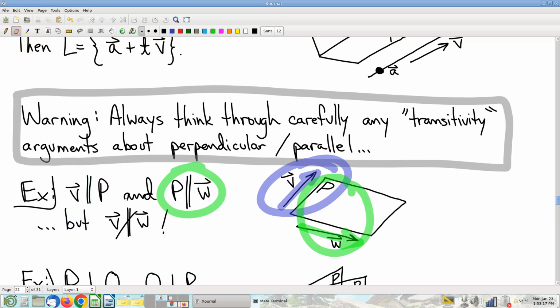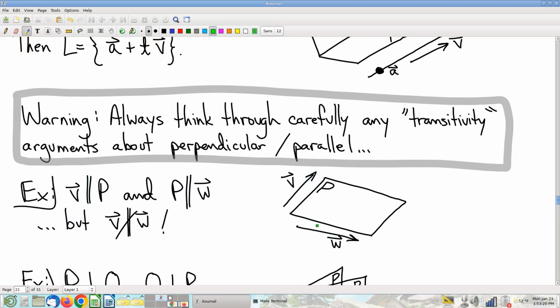The upshot here is when you're making a geometric argument that has this kind of connect-the-dots aspect to it, always think it through carefully. And my rule on this is, if you use one of these arguments on a homework exercise or on an exam, if you make the argument V is parallel to P, P is parallel to W, and therefore V is parallel to W, that argument isn't correct. But if it's a valid geometric transitivity, such as in these previous examples, that's fine.